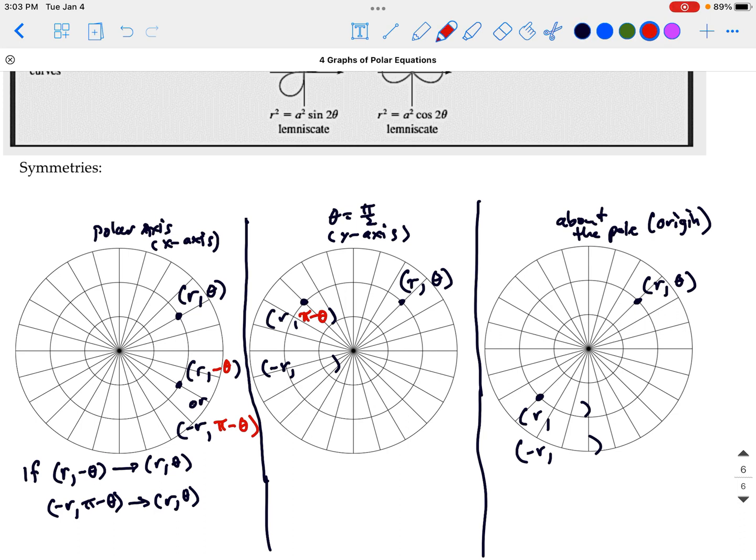And then if I did negative r, measuring in the negative direction, now I'm just going to rotate clockwise, which means I'm going to have negative r, negative theta. So then we'll have r, pi minus theta, or negative r, negative theta, mapping to r theta.